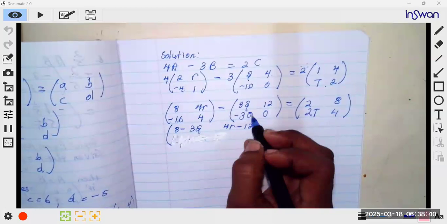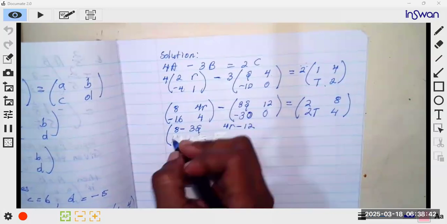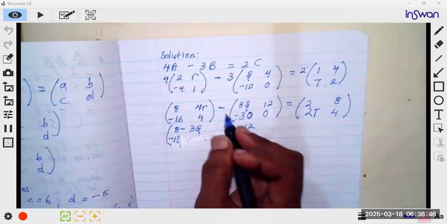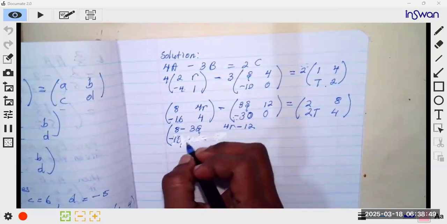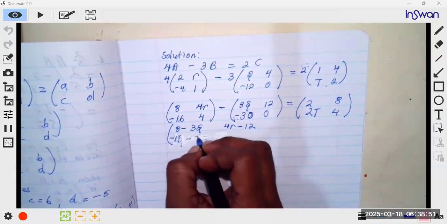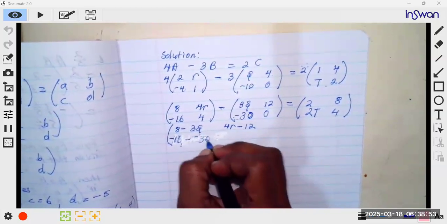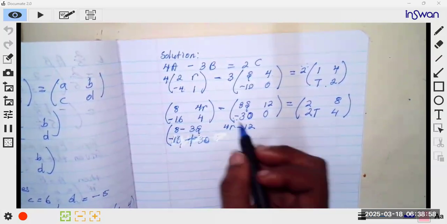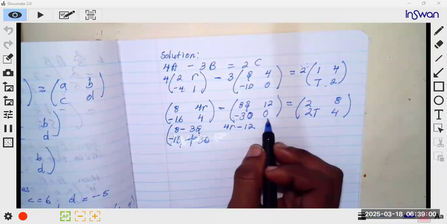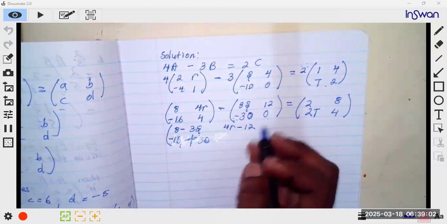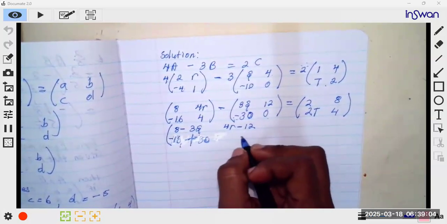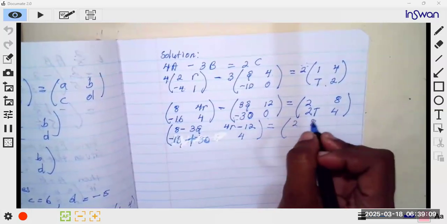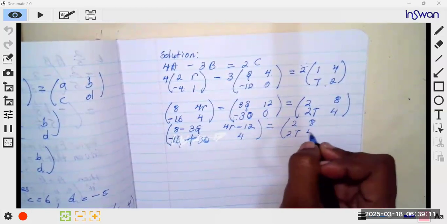We know that will be, now watch this, minus 16 minus minus. Negative and negative is a positive, and here will be 4 take away 0. Well, obviously, that will be 4. It's equal to 2, 8, 2t, and 4.